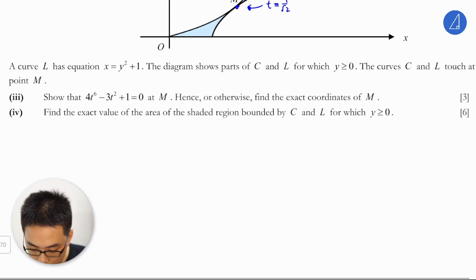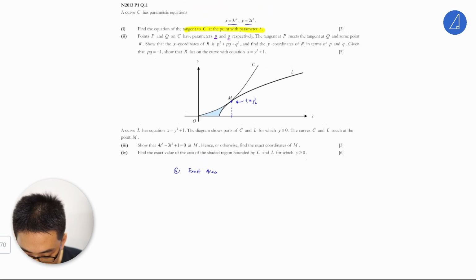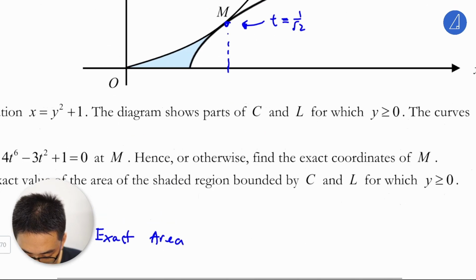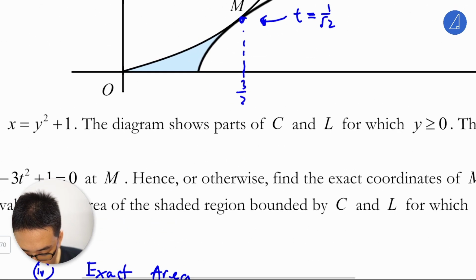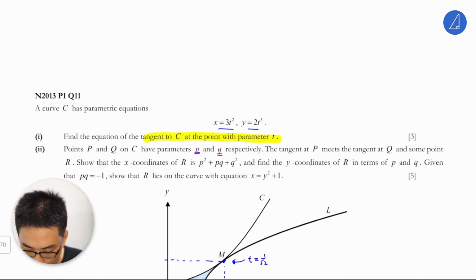You just take the required exact area as the top curve minus the bottom curve. This M here is 3 over 2. Then this part here, I don't think you need the y, it is 1 over root 2.